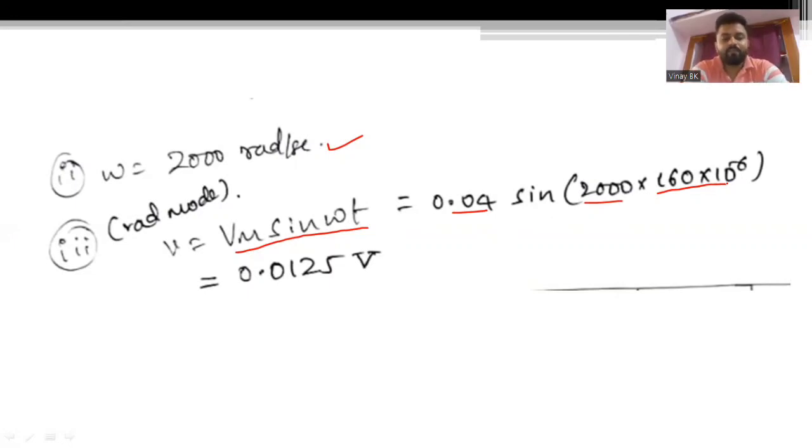Remember one thing: whenever calculating the instantaneous value of voltage or current, in terms of Vm sin omega t or Im sin omega t, you should keep your calculator in radian mode because omega is in radian per second. If you calculate the same value in degree mode, you'll get a different answer, so keep your calculator in radian mode.